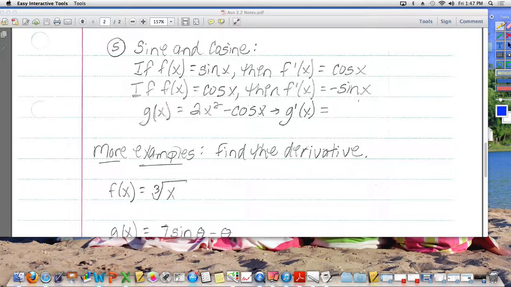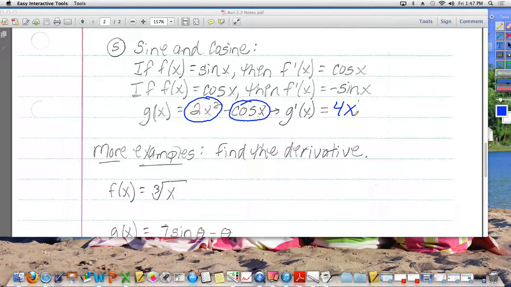G of x is equal to 2x squared minus the cosine of x. So the derivative of that, two pieces. You find the derivative of one piece, find the derivative of the other piece, and you put them together. So we have 2x squared. What's the derivative of 2x squared? 4x.